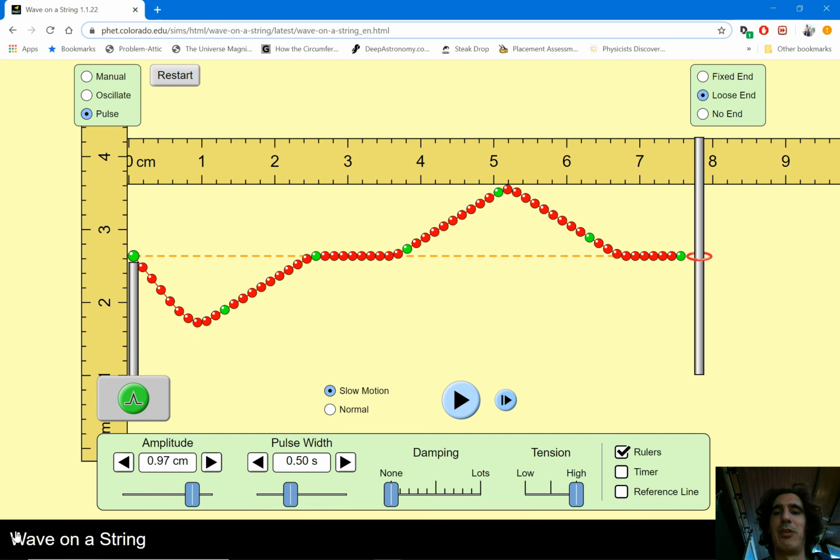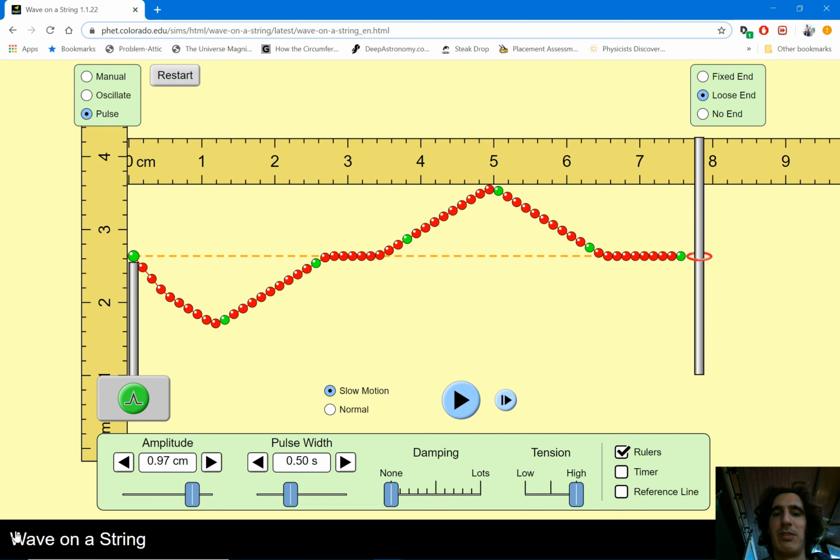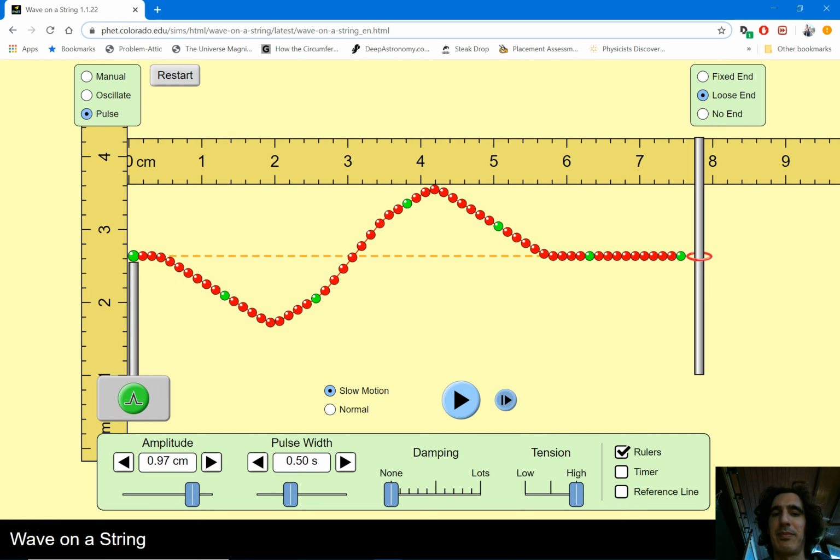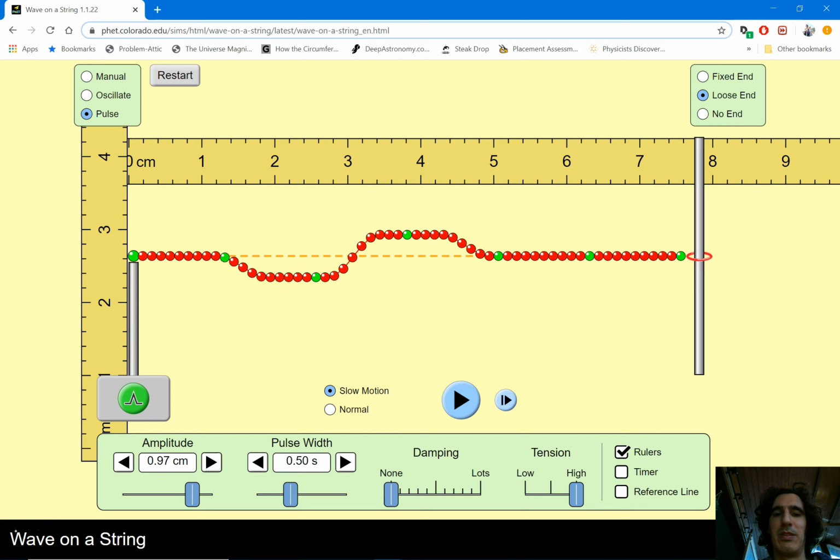Okay, so now the wave moving to the left is on the positive side. The wave moving to the right is on the negative side. I'm going to look at this step by step because it happens quickly. So when the waves interfere with each other, watch the crests. Notice now that they have destructive interference where the amplitude decreases. It looks like it disappears.